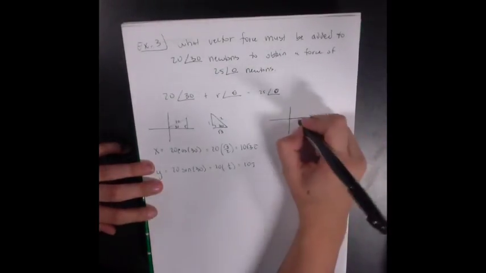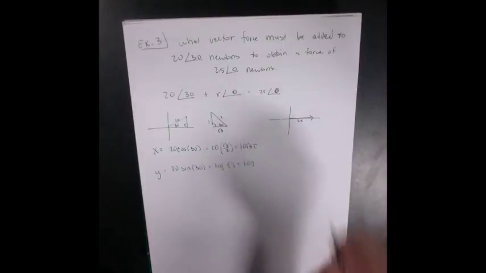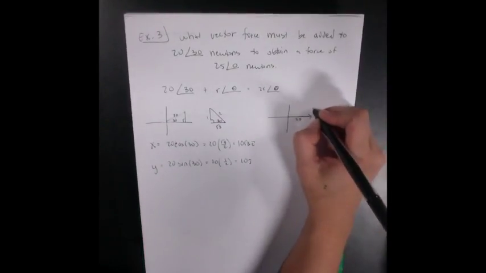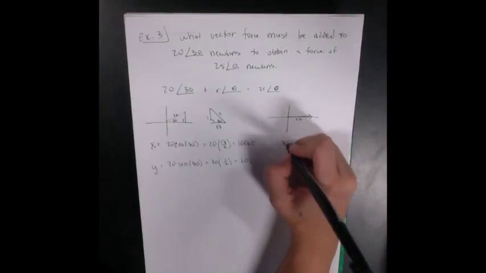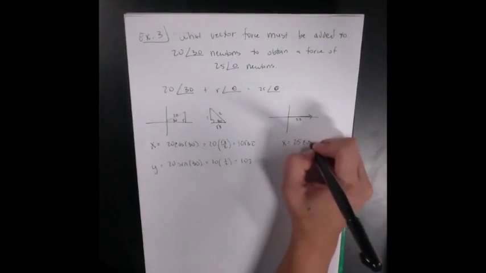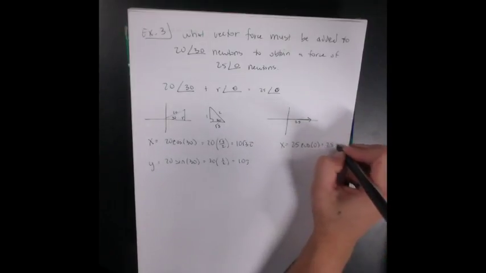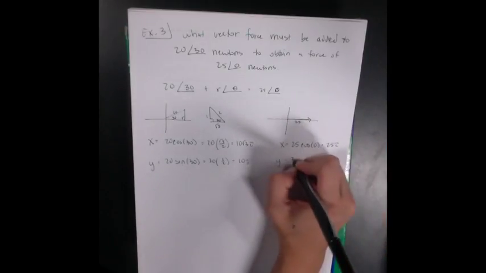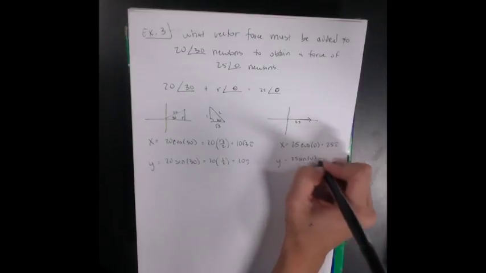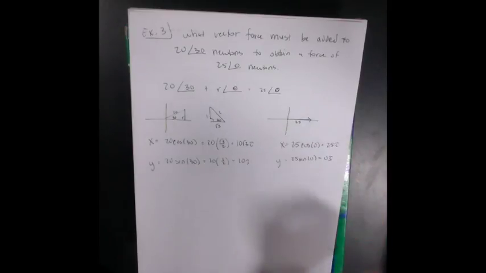And let's convert 25, which is right here. Now we know that the cosine of 0, right, so x is going to be r cosine of 0. The cosine of 0 is 1, so this is 25 i hat. Y is our sine of 0, which is 0 j hat.